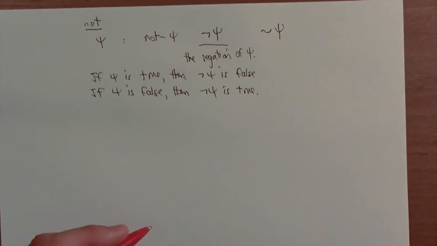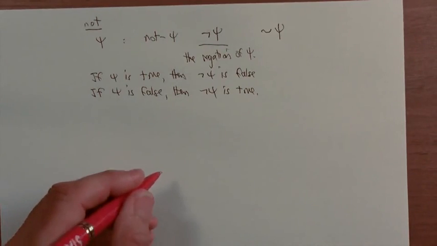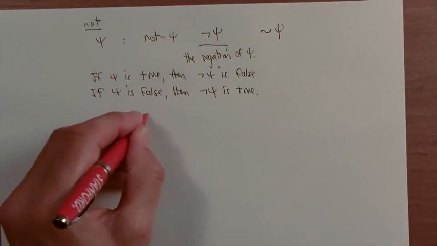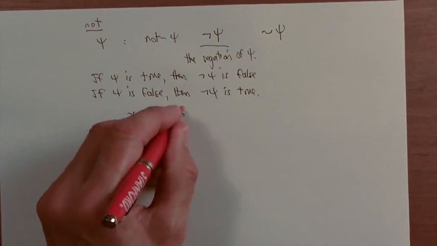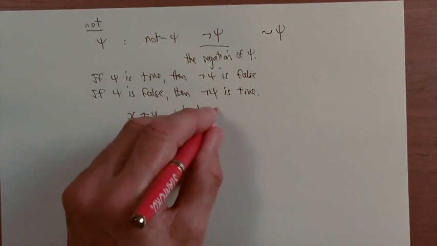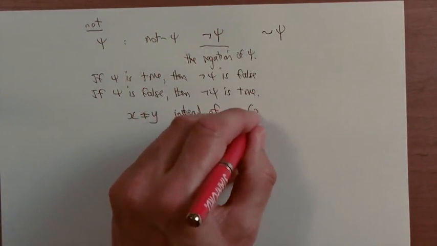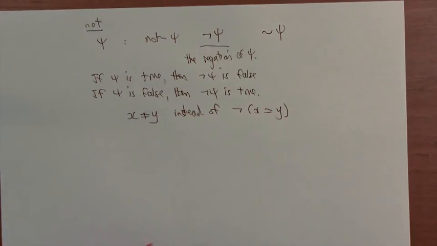We often use special notations in particular circumstances. For example, we would typically write x not equal to y instead of not x equals y. But you have to be a little bit careful.